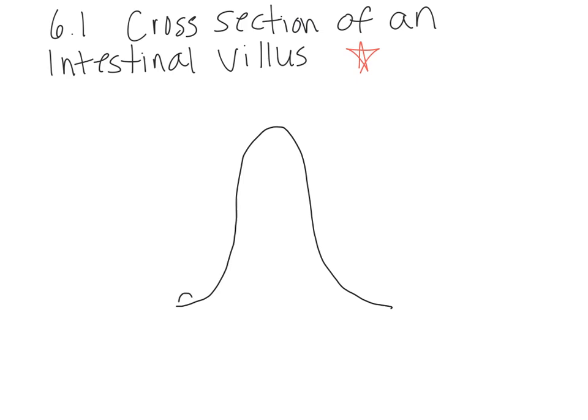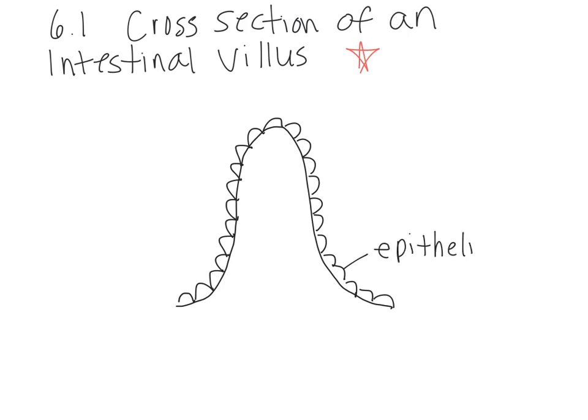On the outside of the villus are a row of cells, one cell thick, so a very thin row of cells. These are called epithelial cells. They're on the outside of this villus. And these epithelial cells are covered with these hair-like projections.